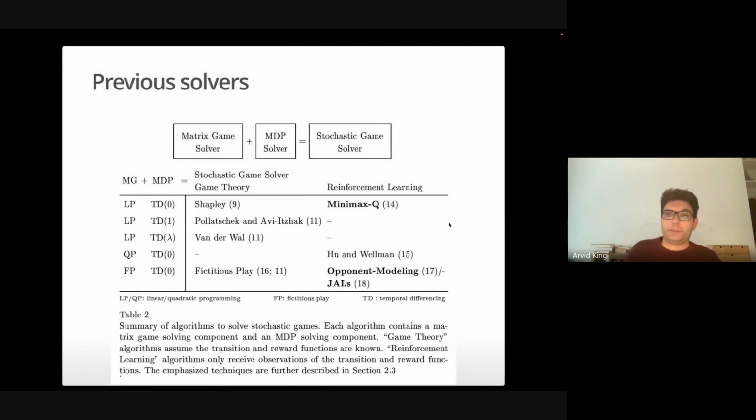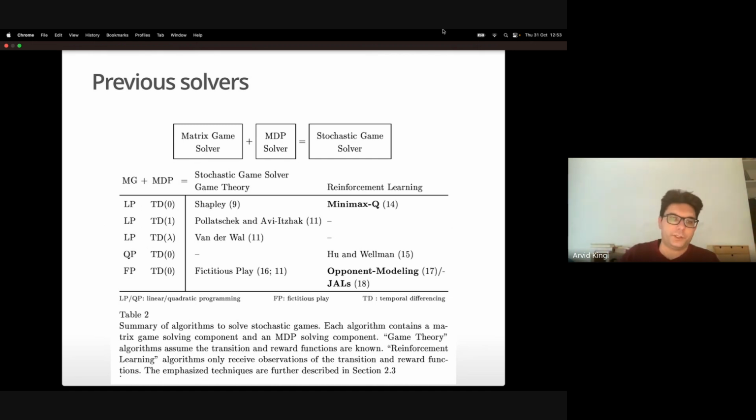So in the past, people tried different things for solving matrix games and stochastic games. They usually involve one standard matrix solver from game theory, usually linear or quadratic programming, and something that does your reinforcement learning process, which is usually some temporal differences.